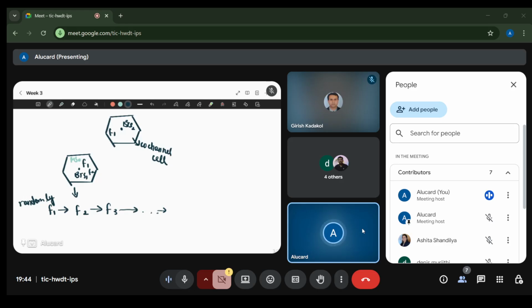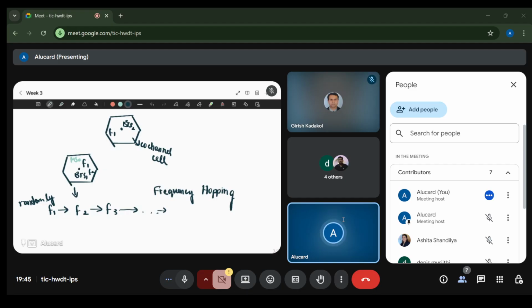In that way, you can decrease the chances that there is an interferer who is also using the same frequency, and that is called frequency hopping. So within the bandwidth available to each cell, a user can hop.